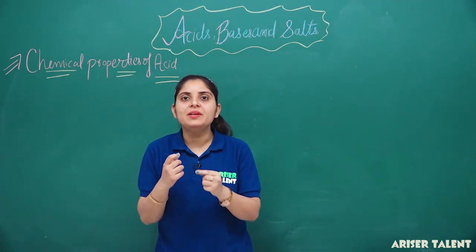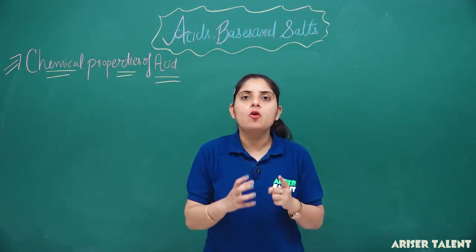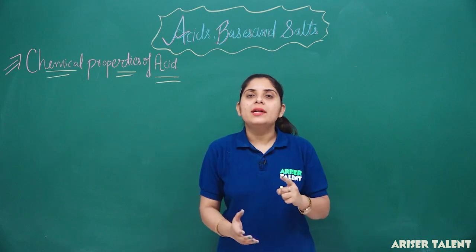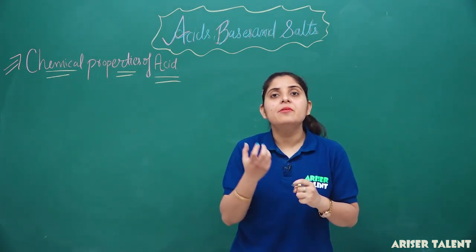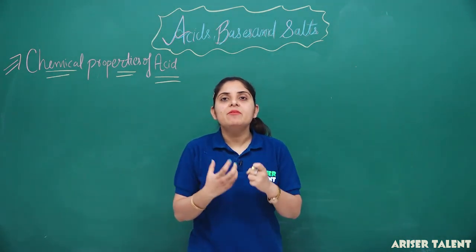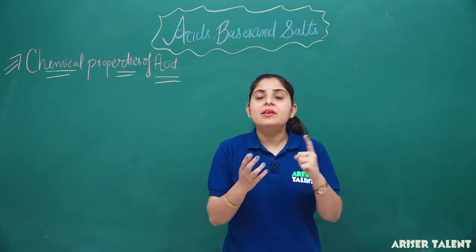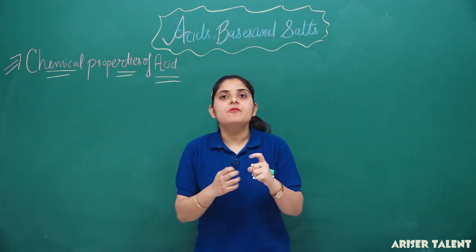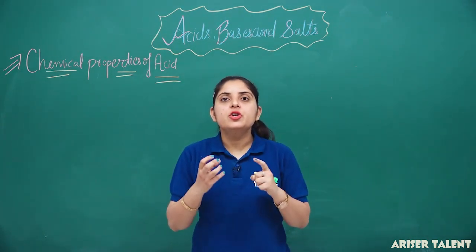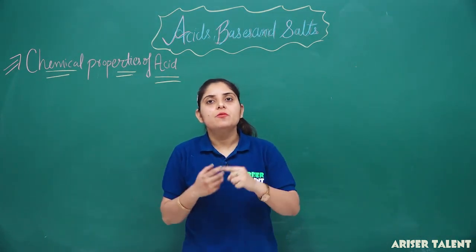Firstly, we will deal with the reaction of acid with more active metal, then we will compare it with less active metal, then we will see its reaction with metal carbonate and bicarbonate, having a reaction between acid and base, and the fourth category will be reaction of metal oxides with the acid.